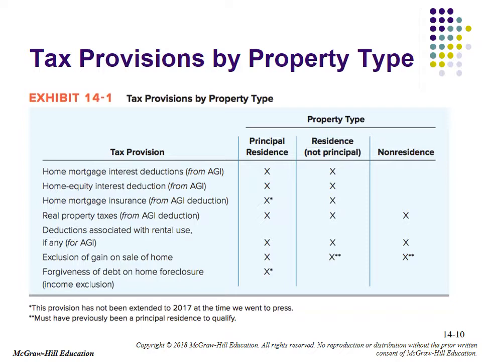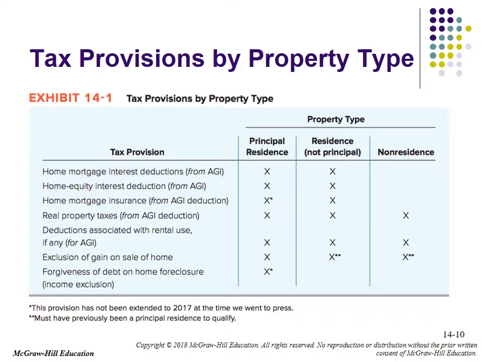Real estate taxes on your principal residence. Deductions associated with rental use, if you rent any part of your principal residence out. Exclusion of the gain on the sale of the home. And forgiveness of debt on home foreclosure. Before 2017, we had that, and we talked a little bit about that.